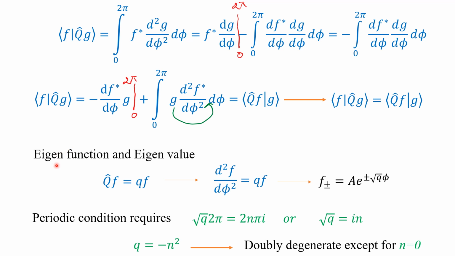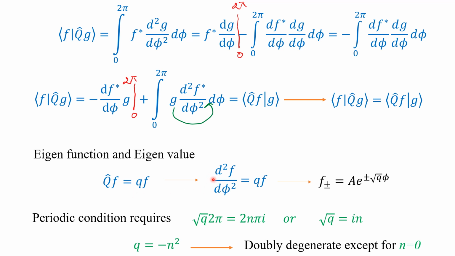Now our next task is to find the eigenfunctions and eigenvalues. Let us take the operator Q acting on f. We will get the eigenvalue q multiplied by this function f.